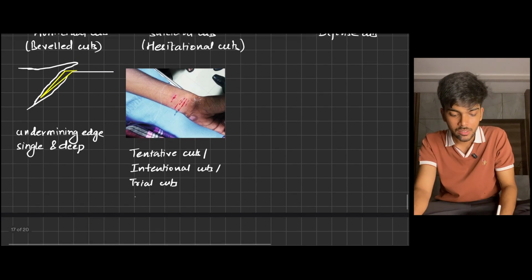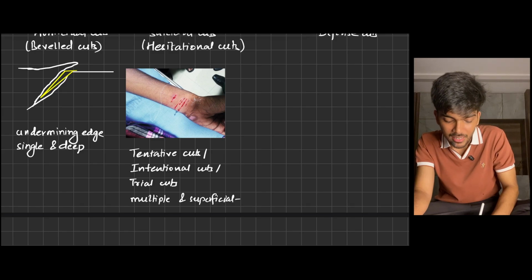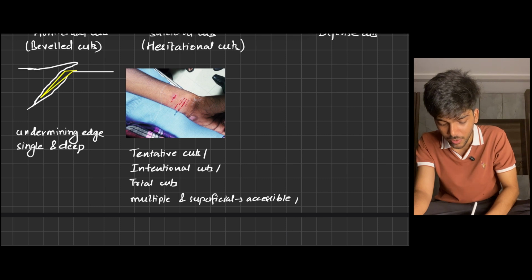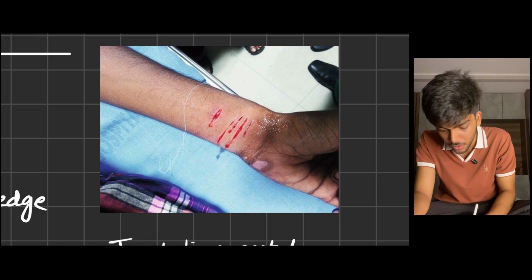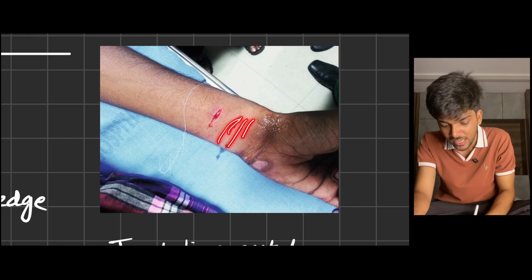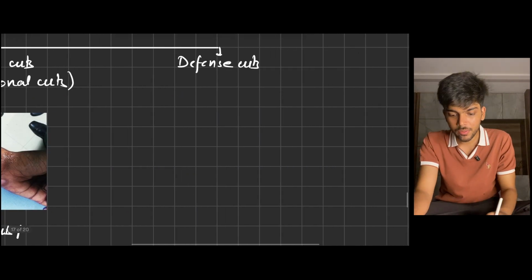Overall, they are multiple and superficial, and they are present at an accessible part, like your wrist. You can easily cut there. You can see that this person has multiple attempts, hesitational cuts, trial cuts, and finally there was one deep cut.